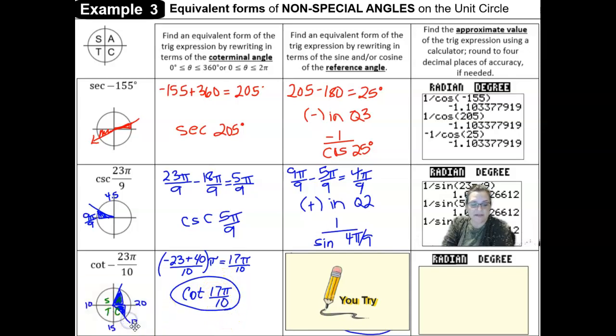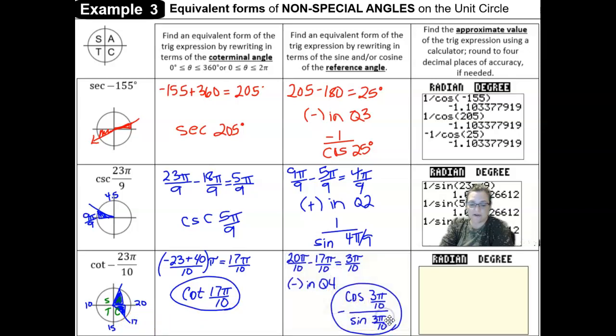Okay, that 17 pi over 10 is a quadrant 4 angle, and the cotangent is negative in quadrant 4. So in terms of the sine and or cosine of the reference angle, it's going to be a negative answer because of being in quadrant 4.